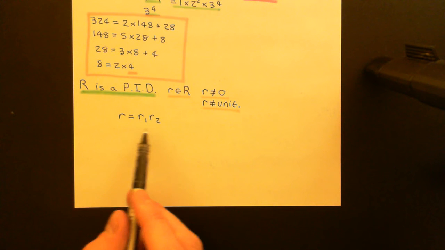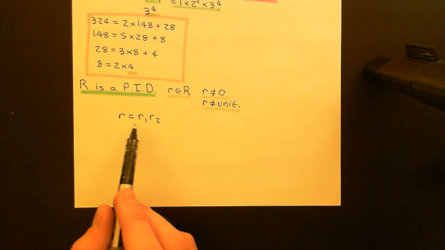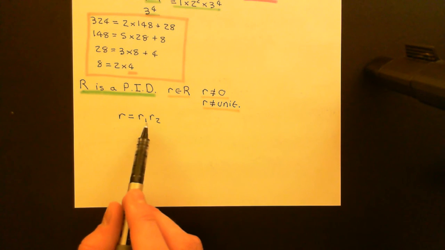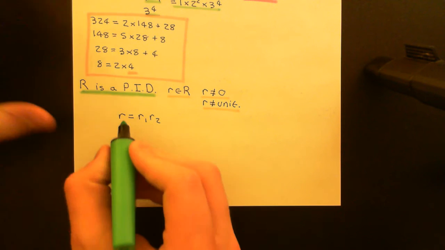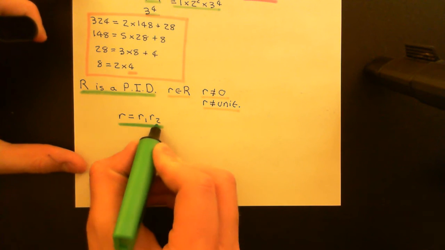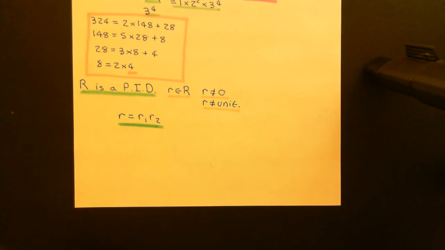Remember the definition of irreducible is that an irreducible element is one where, if it's written as a product of two other elements of the ring, one of those two things in that product must be a unit. So if it's not irreducible, then we must be able to find a product of two non-units which gives you this element. That's perfectly valid. So I've taken case 2 where it's reducible, and I've written it as a product of two things, neither of which is a unit.